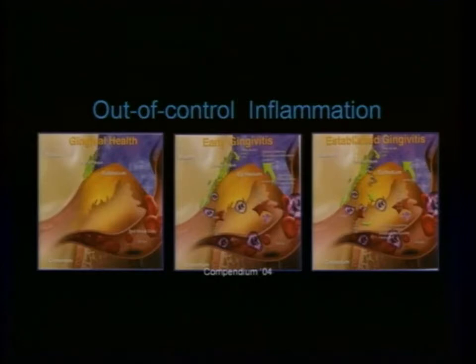Now, as I began this process of re-looking at inflammation, I have a better understanding why so many of the experts on inflammation say, hey, forget the bacteria, control, or even better yet, prevent inflammation. This problem of out-of-control inflammation seems to be the engine that's driving the ever-growing list of chronic systemic diseases.